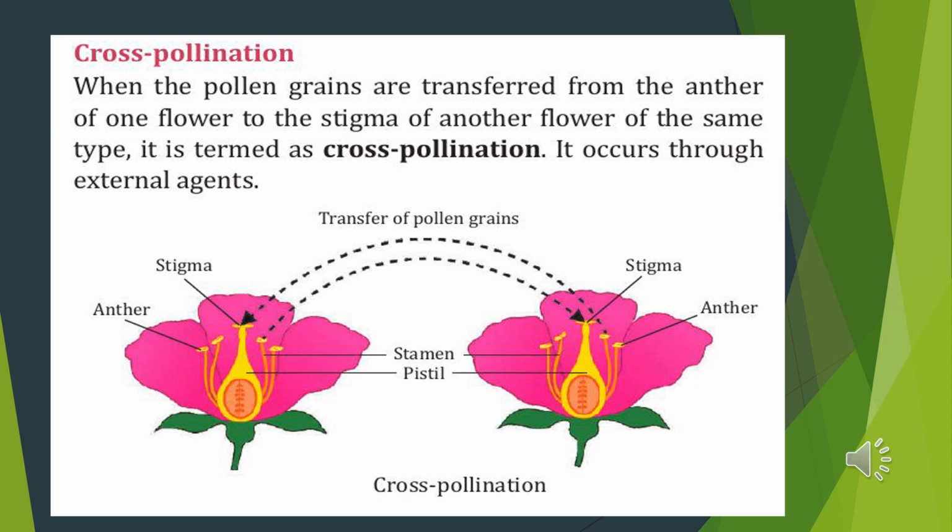But in cross-pollination, we need external agents. Now in the next slide we will study the agents by whose help cross-pollination will happen. First you can see the figure: stigma, anther, transfer of pollen grains from one flower to another flower.